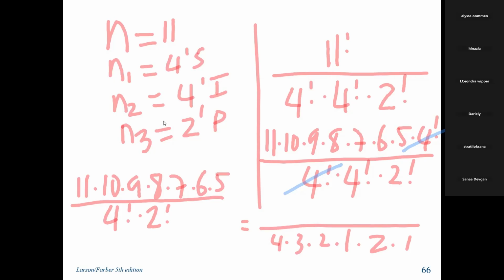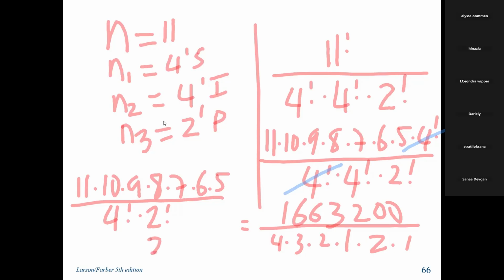So it's 11 times 10 times 72 times, that's 1,663,200 divided by 48.